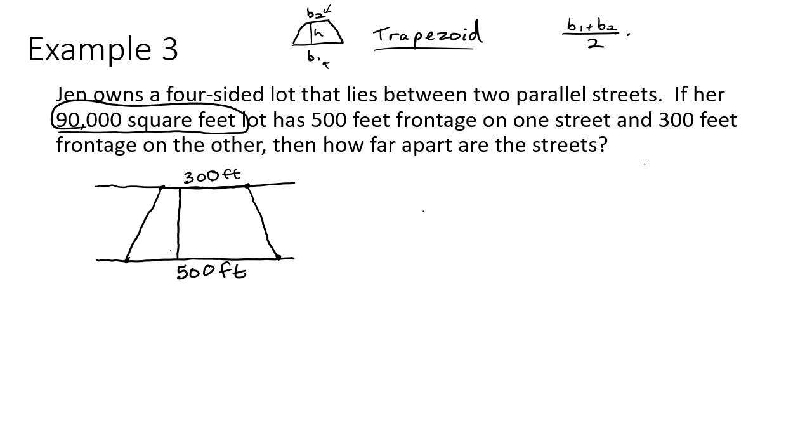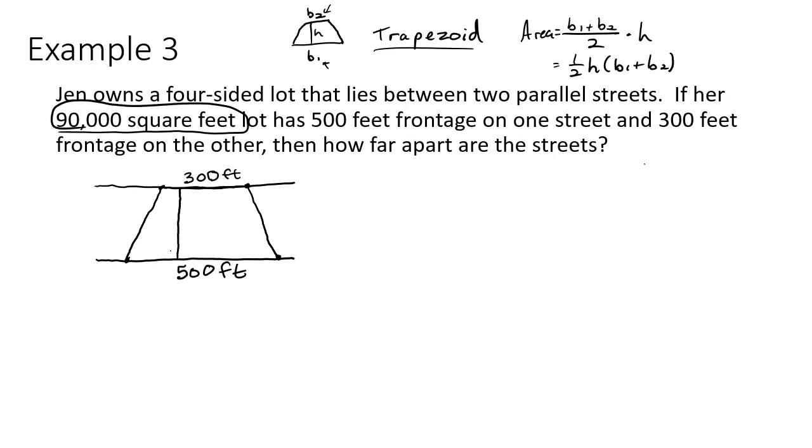So you take your average length of the bases and you multiply it by the height. And so that's what we're working with for area of a trapezoid. Also sometimes written instead like this, which is just a rearrangement of the terms that we have here.